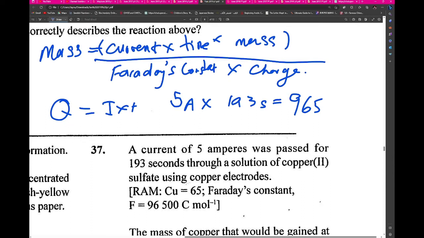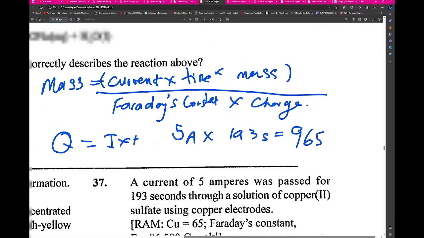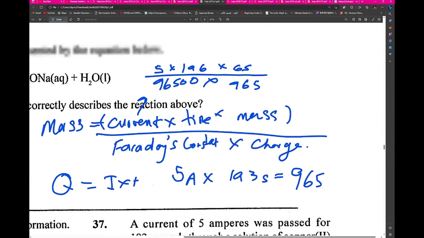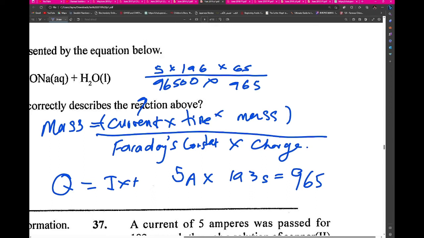So the current is 5, times 193, the time, times 65, and this will be divided by Faraday's constant, which is 96,500, times 965. So we're just looking at this. So 5.